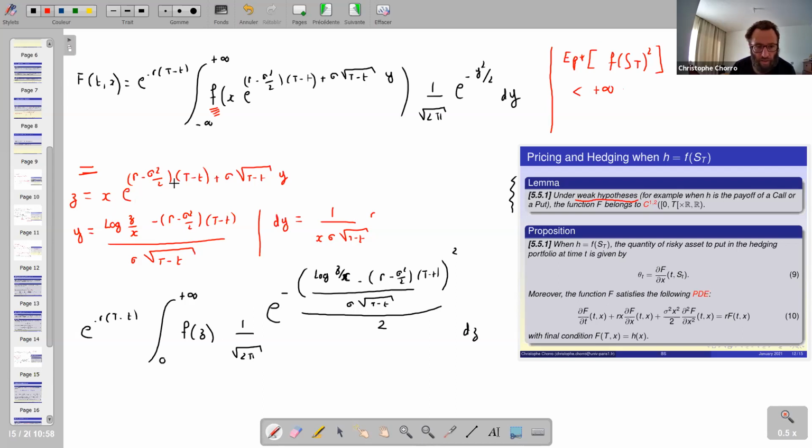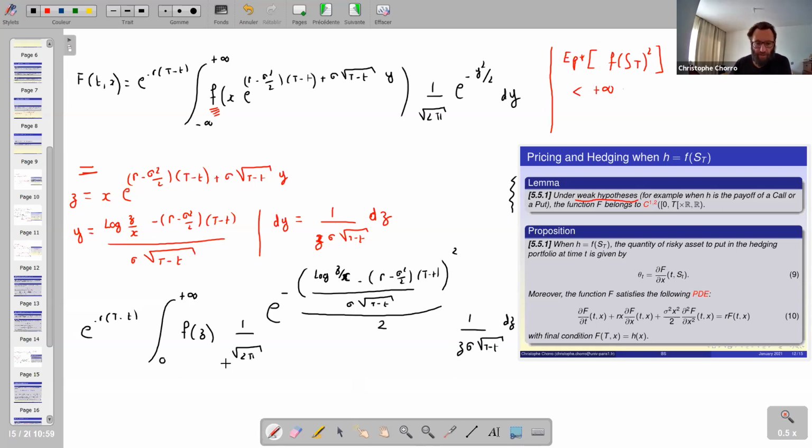So z is equal to this one, excuse me. So dy is equal to, I have a z here, dz. And if I want to be precise, it's not simply a dz that I have here. It's 1 over z times the square root of this one, dz. I have this one.